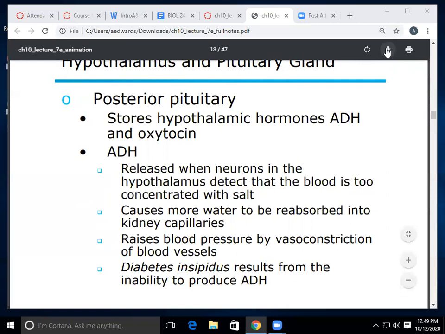So let's talk more about ADH. It gets secreted when hypothalamic neurons in your hypothalamus are able to determine that there is too high of a concentration of salt in your blood.